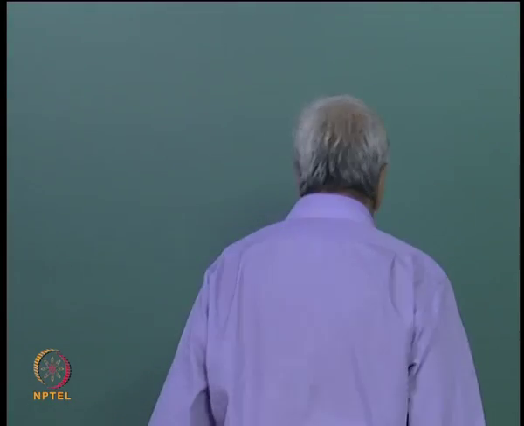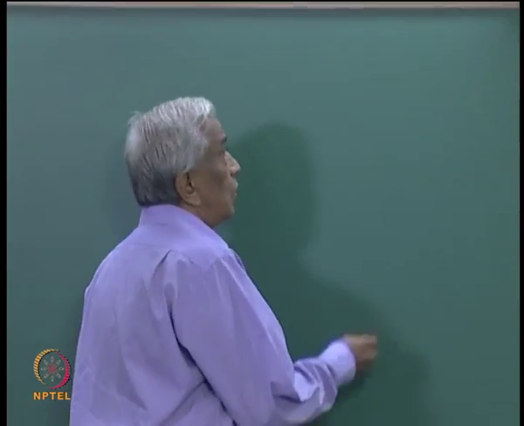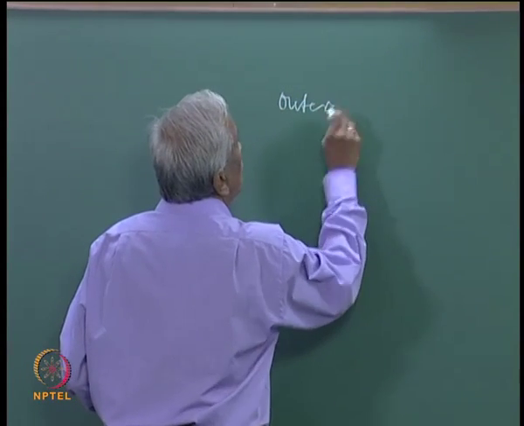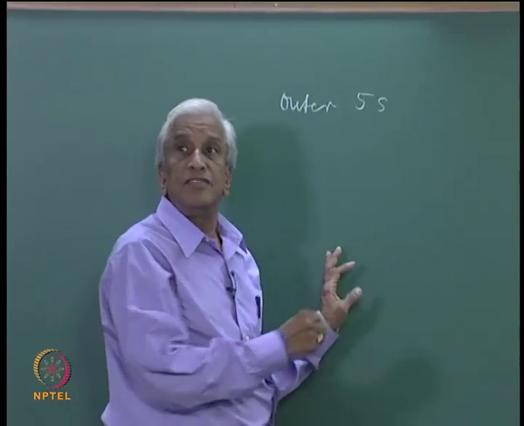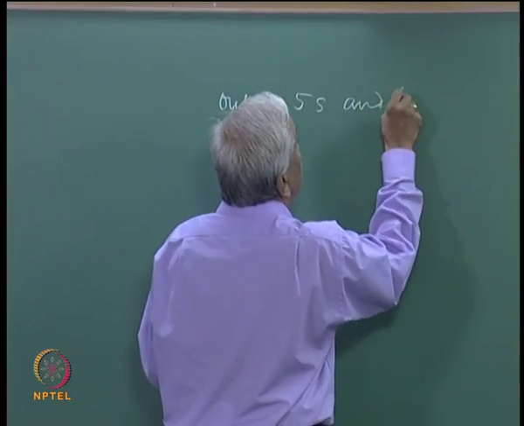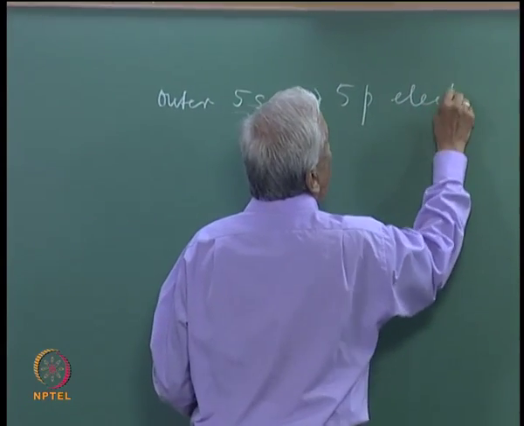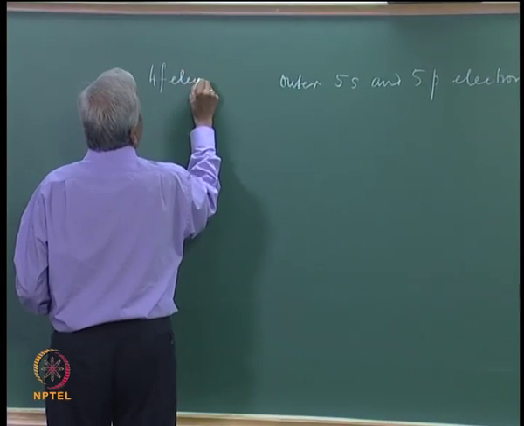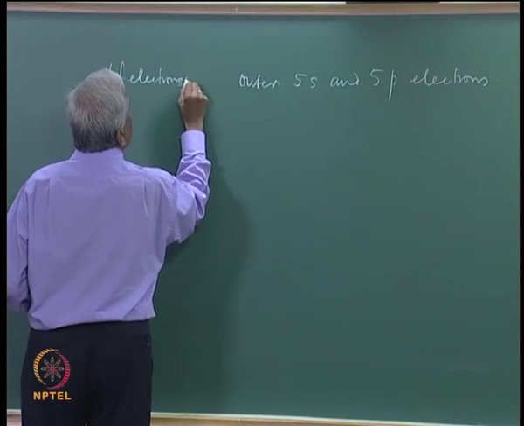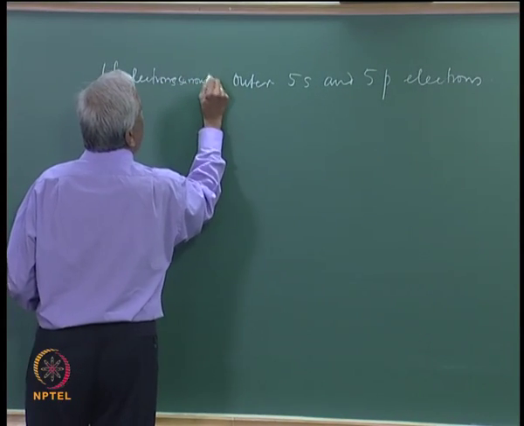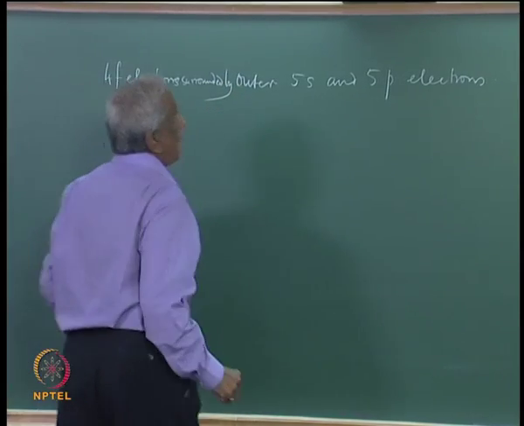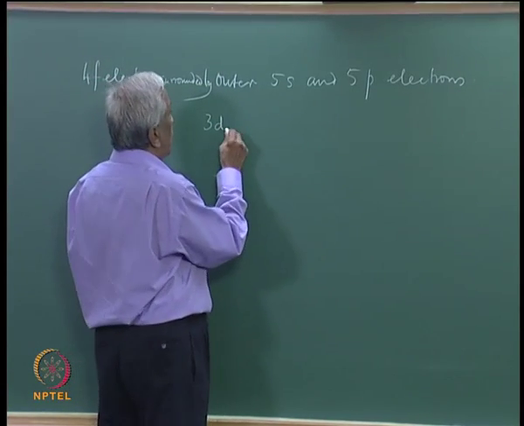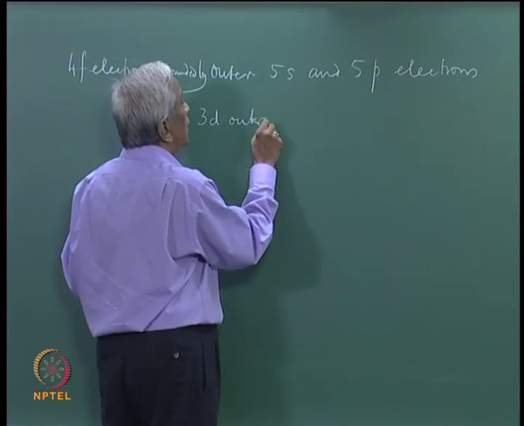We know that in the case of the rare earth ions, the 4F electrons have outer 5s and 5p electrons surrounding them, whereas in the case of the 3D electrons, there are no electrons outside and they are the outermost electrons.